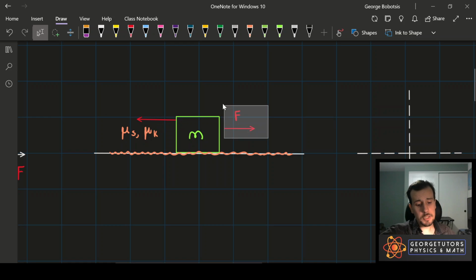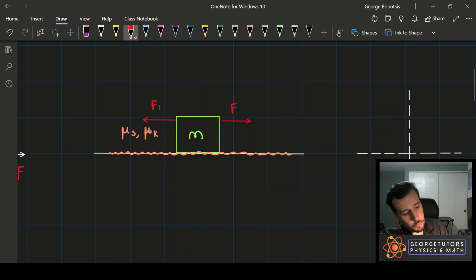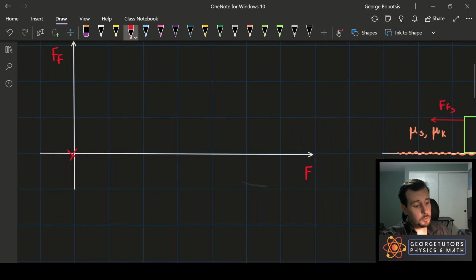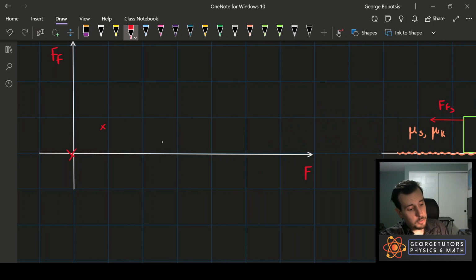And one thing that students typically miss is the fact that this static friction right now is matching exactly the force that is being exerted on this box along the surface of the contacting surfaces, as you can see. So that will be the direction of the static friction right now, and it will match exactly what you're doing as the force.